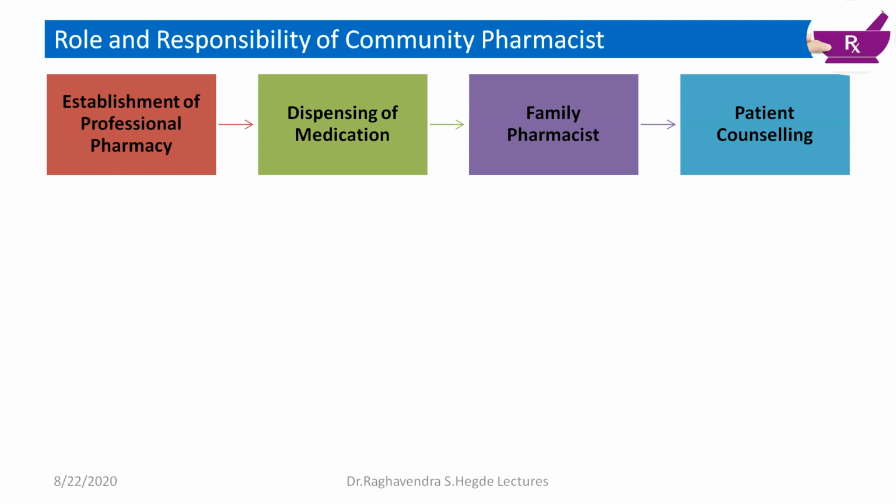He can use pictograms for illiterate patients. So he can provide education to the illiterate patients by the use of pictograms, which are nothing but pictorial representations of the image, where the illiterate can easily understand and take the message, and he can adhere to the drug therapy, and he can avoid unnecessary problems which are associated with the medications.